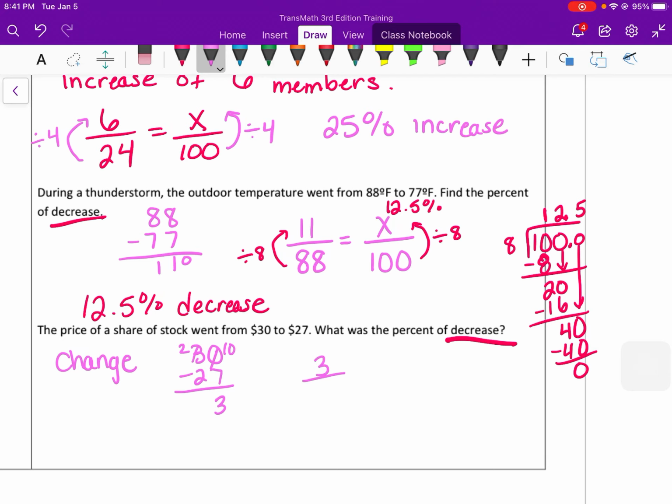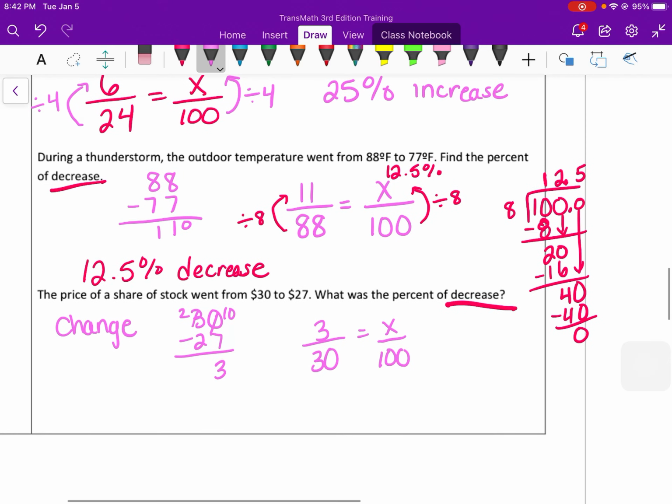So it was 3 out of the original of 30 would be what percent out of 100? So the change over the original amount, what percent out of 100? Okay, it looks like I could divide again, or you could reduce this and then use the horizontal strategy.